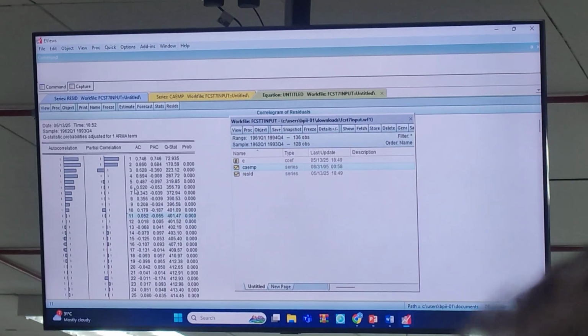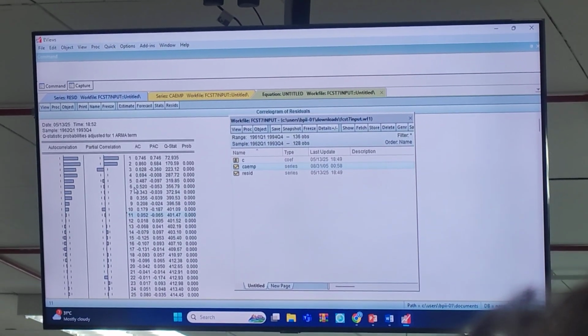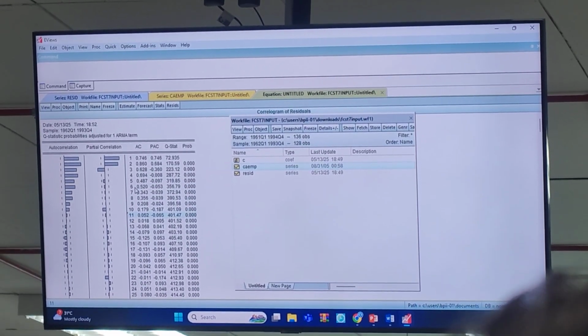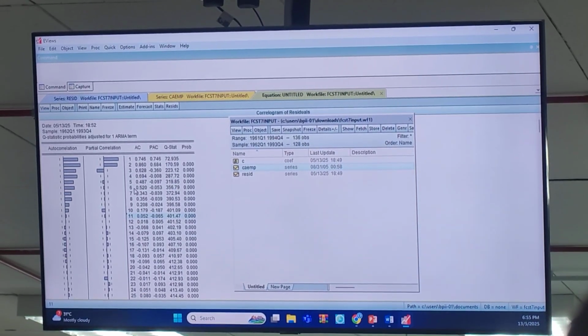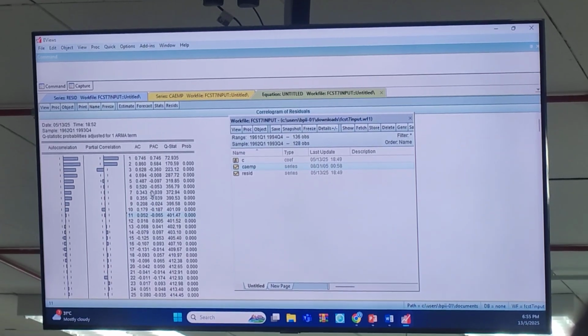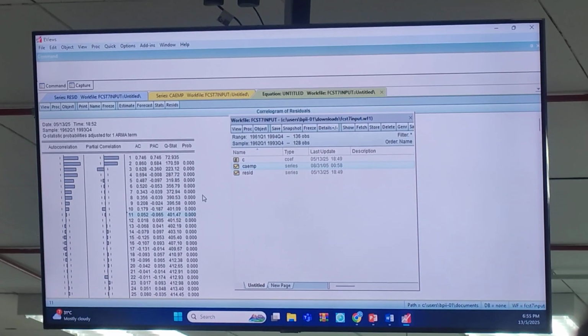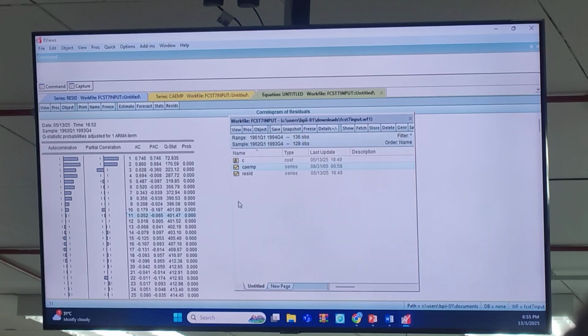Not equal to 0 means it's not white noise, because there is some influence of the previous residual on the current residual. So this model is not adequate, because the residual is not white noise.